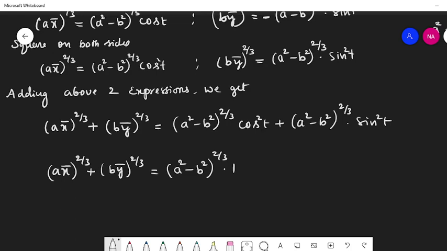So this is of the form, if we take capital X to be ax bar, capital Y to be by bar and capital A to be a square minus b square, then this takes the form x power 2 by 3 plus y power 2 by 3 equal to constant power 2 by 3. So this represents an asteroid.